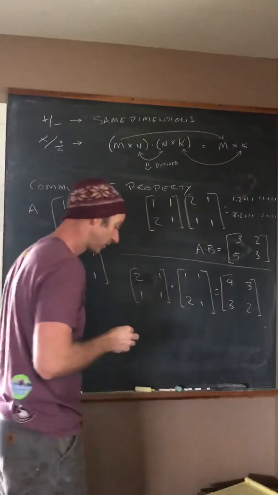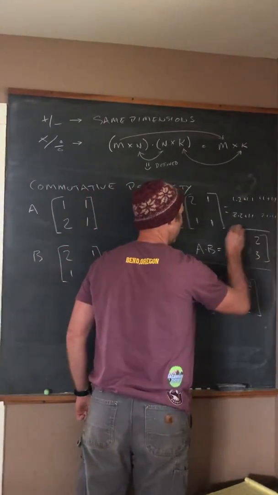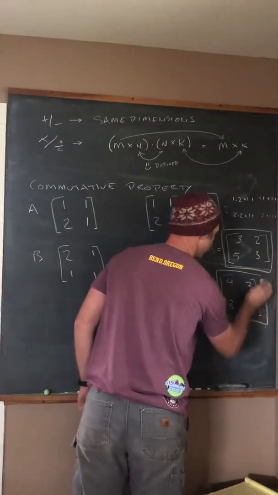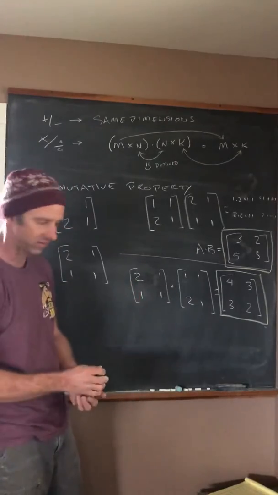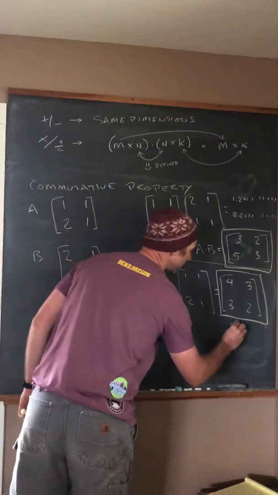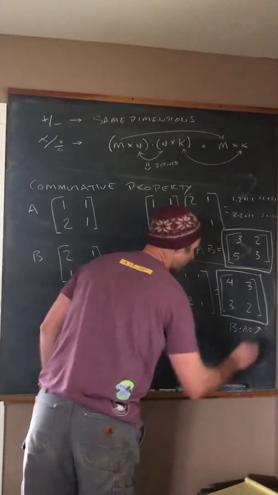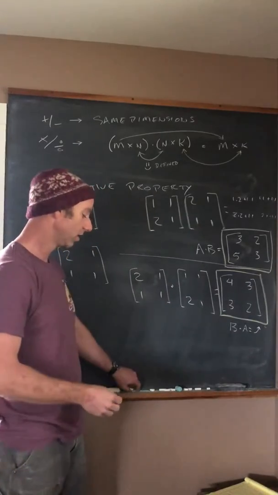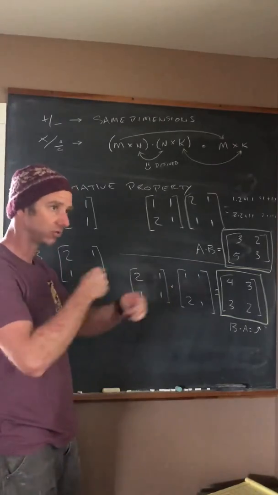Okay. Those two products are not the same. That's A times B. This is B times A. Clearly not the same. So, with matrix multiplication, the direction you go matters.